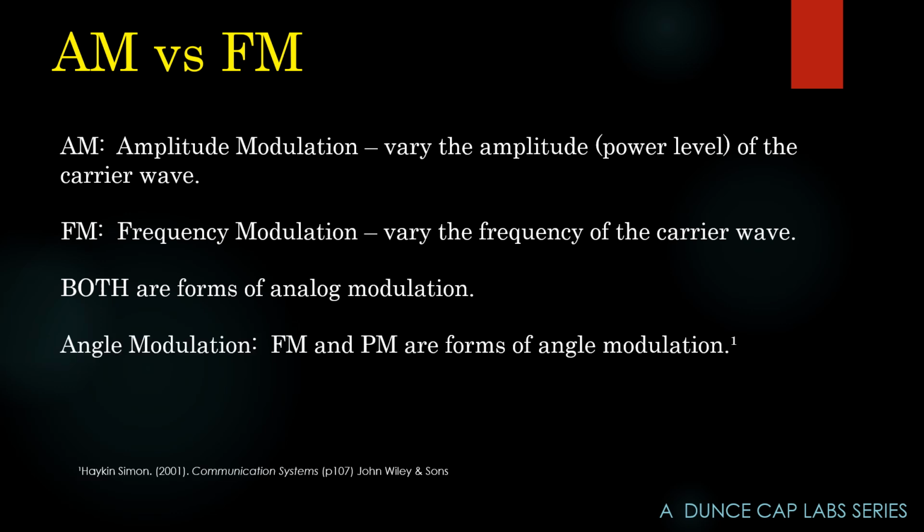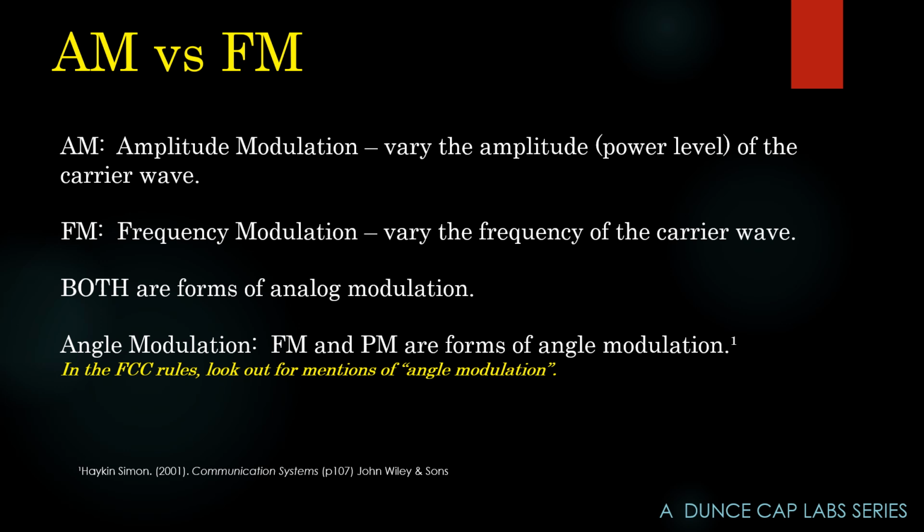Now, there's something you must know. As a ham operator, this is very important. Frequency modulation and phase modulation is just another way to obtain FM. They are both considered a form of angle modulation. Angle modulation refers to the mathematical relationships between the sine waves of the carrier. The reason I bring it up is in the FCC rules. When you see a reference to angle modulation, they're talking about FM.